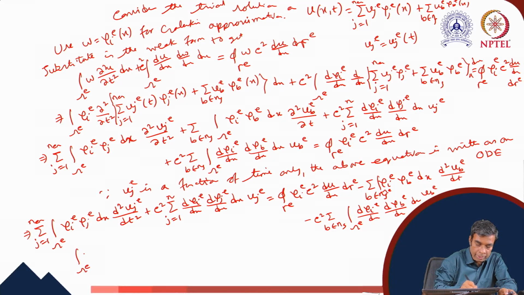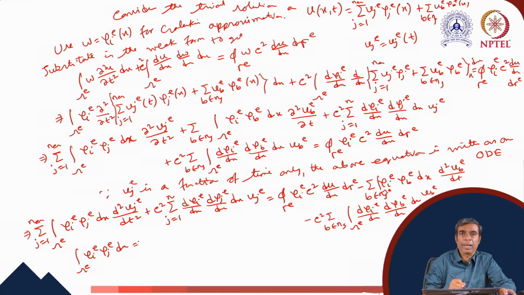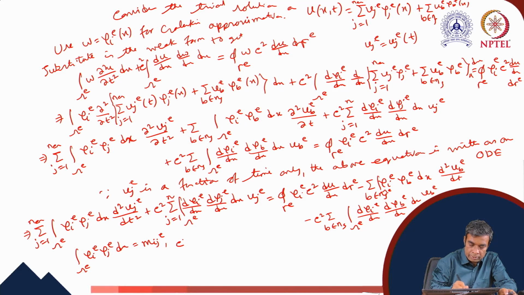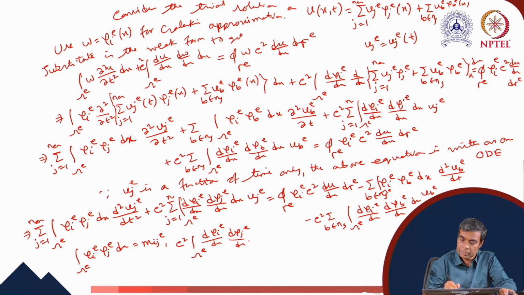Now integration over omega e psi ie psi je dx is written as the mass matrix. We already have discussed it several times. So this is Mij. Then we have c square integration over omega e d psi ie dx d psi je dx equals to Cij.